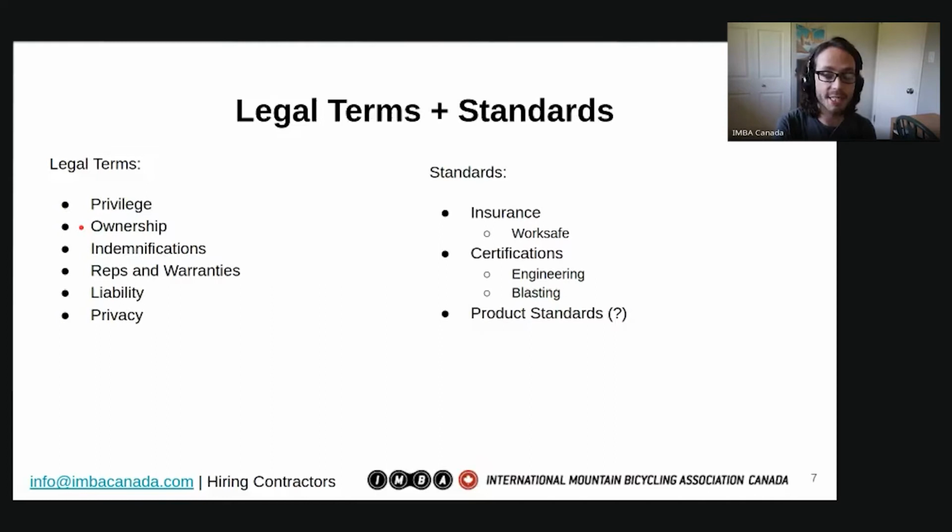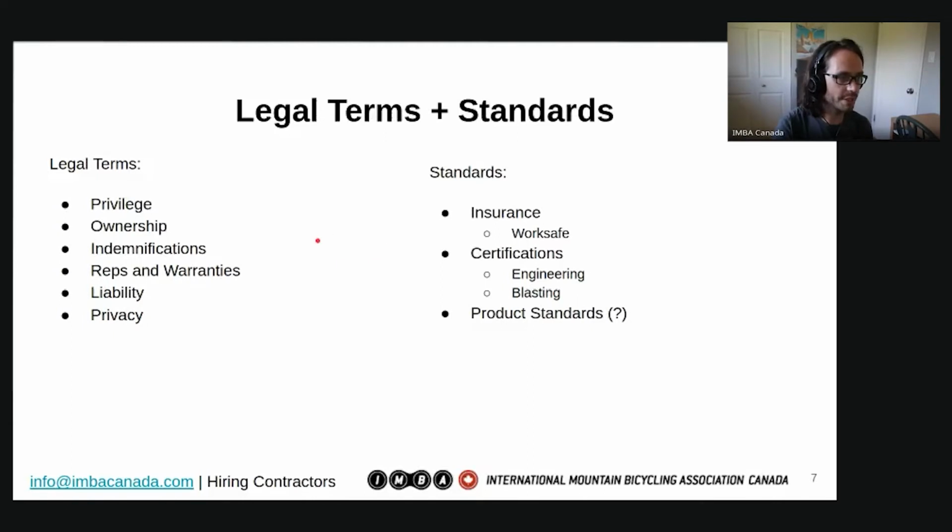Sometimes when we buy designs, we don't own the designs. We only lease them, or I'm not sure exactly, but we don't actually own them in the end. That is retained by the contractor. Any indemnifications that you would like them to have for you, reps and warranties. How long can we be assured that your product will stay in a certain condition? And then any liability and privacy terms that you want included as well.